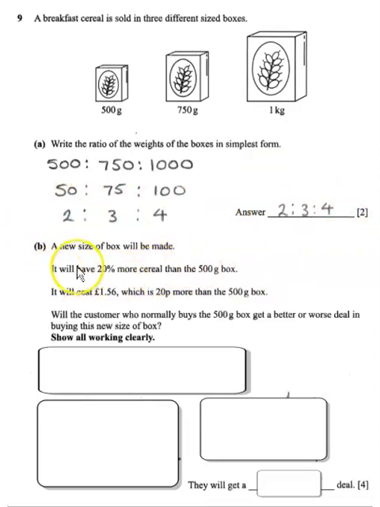So it says a new size of box will be made. It will have 20% more cereal than the 500 gram box. It will cost £1.56, which is 20p more than the 500 gram box. Will the customer who normally buys the 500 gram box get a better or worse deal in buying this new size of box?